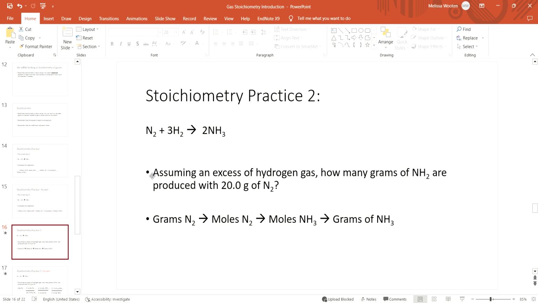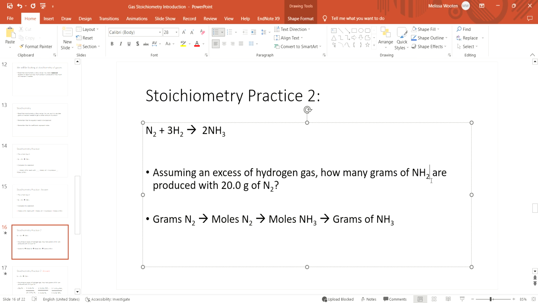Now this is a regular stoichiometry problem, so this is still a little bit more review. Assuming an excess of hydrogen gas, how many grams of NH3 are produced with 20 grams of N2? This excess of hydrogen gas is actually important because of the idea of limiting reactants.